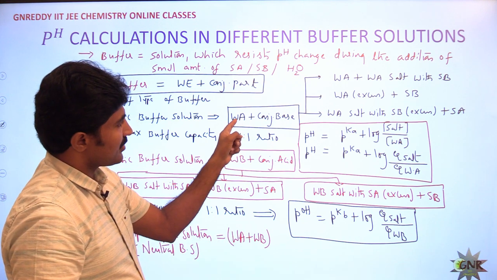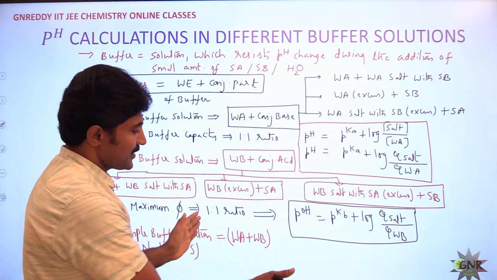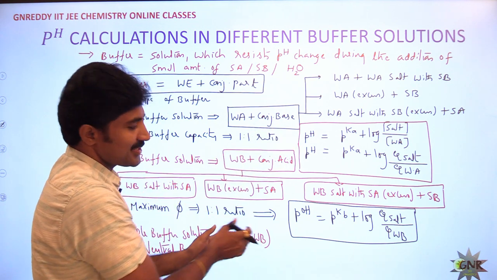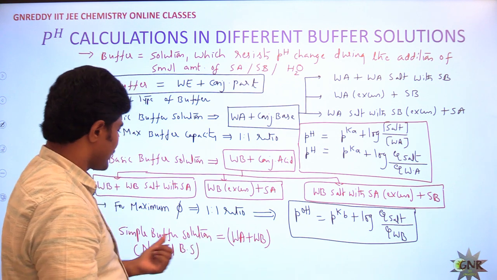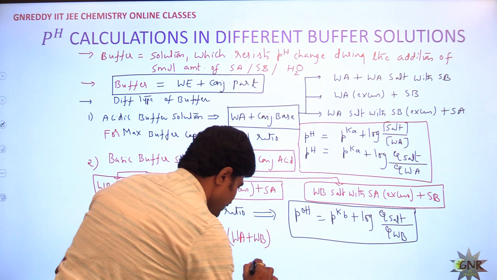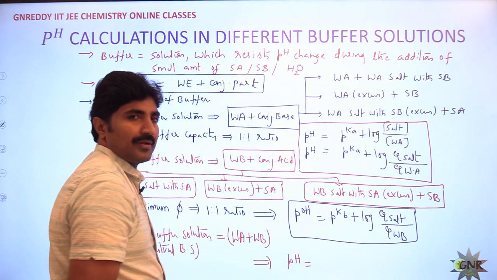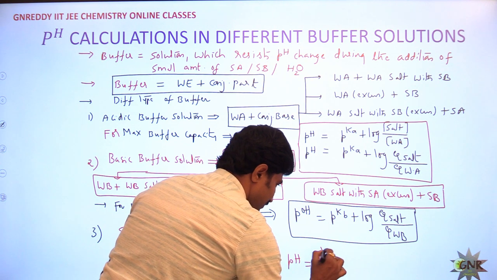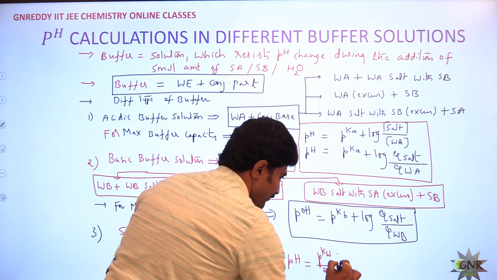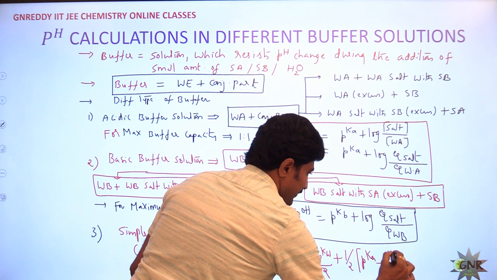This is the combination of weak acid and its conjugate base plus weak base and its conjugate acid. All four species come in this mixture. That's why this is nothing but neutral buffer solution or simple buffer solution. Here also the pH is calculated by this equation: pKw by 2 plus half into pKa minus pKb.